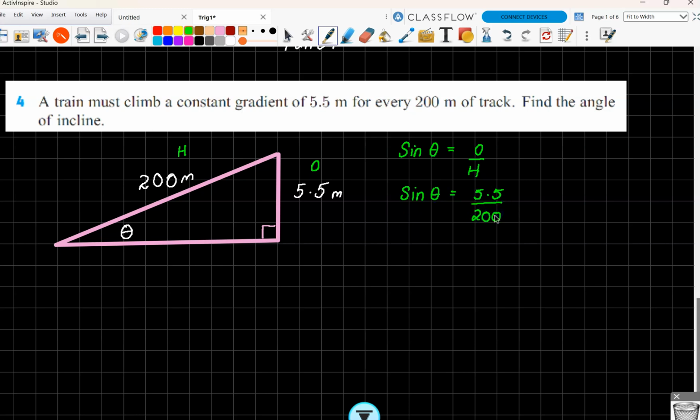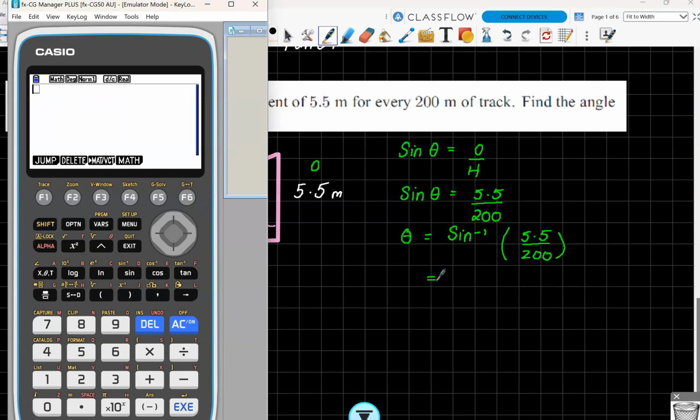How do we get rid of the sine? We say theta is sine to the minus 1 of 5.5 over 200.